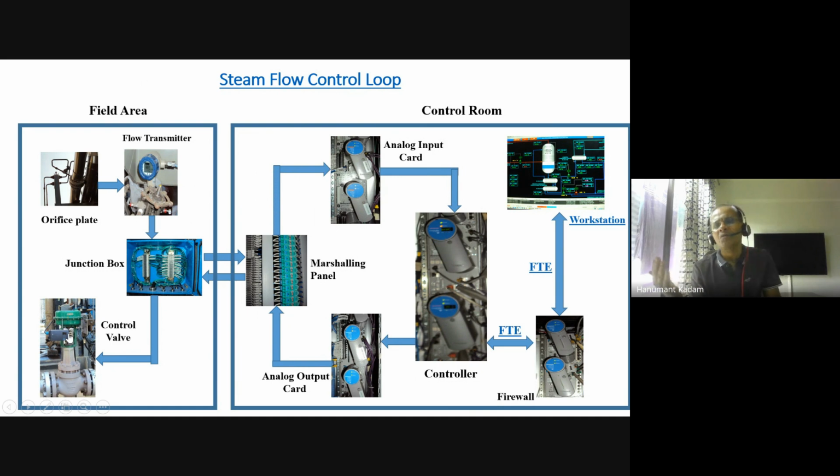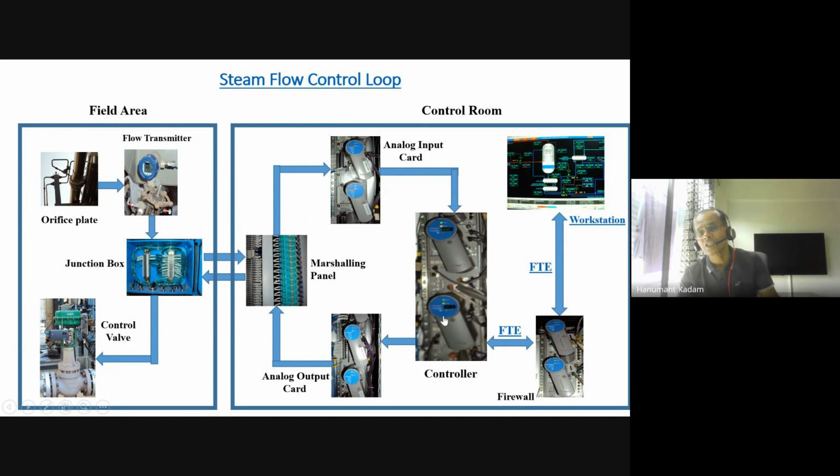Suppose you have 100 loops, then your devices will be 100 here, and cards maybe 8 AI, 8 AO, so accordingly your cards will increase. Controllers for 100 loops maybe 2 or 3. According to the size of the system, you have to select or procure and install the hardware.